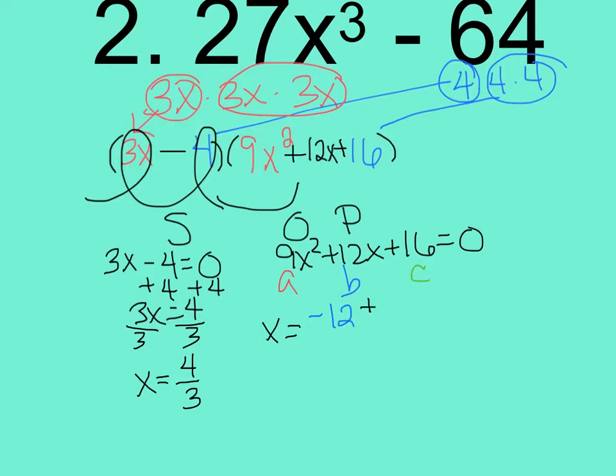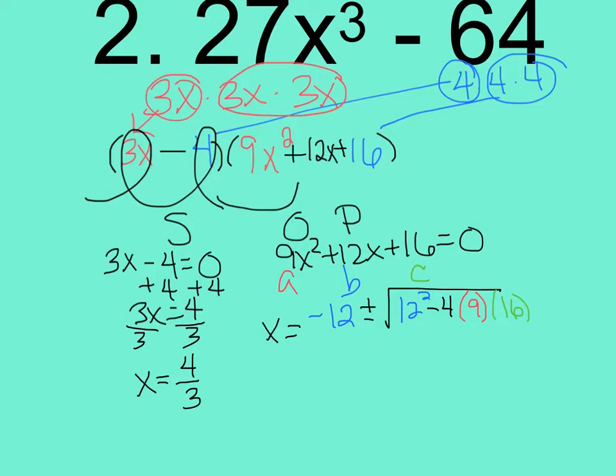Plus or minus the square root of b squared minus 4 times a, which is 9, and then times c, which is 16.